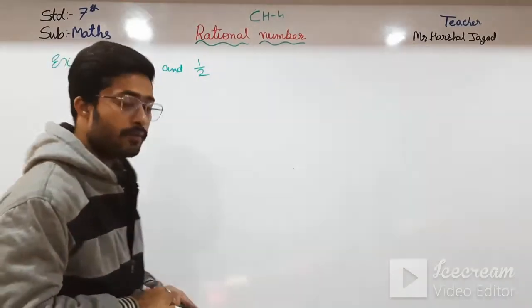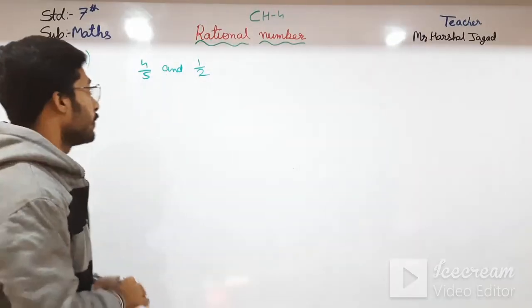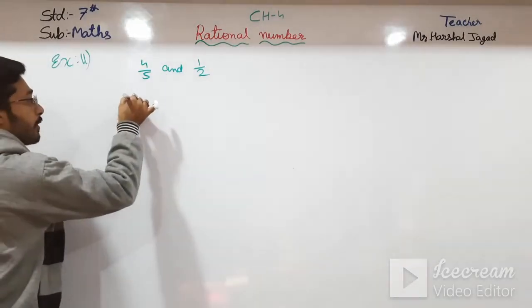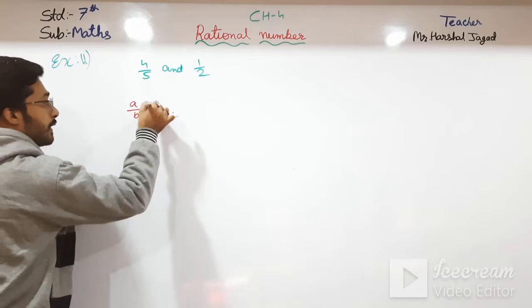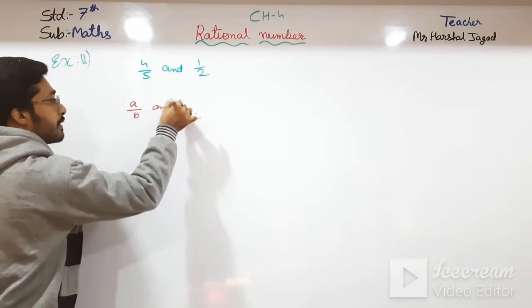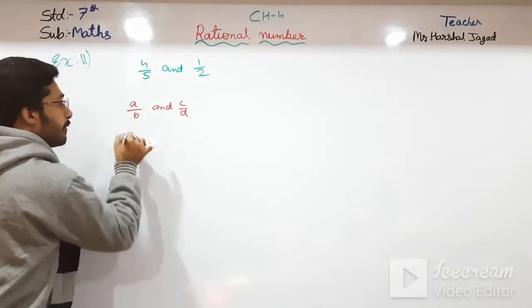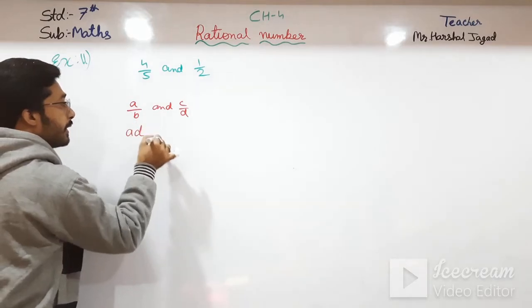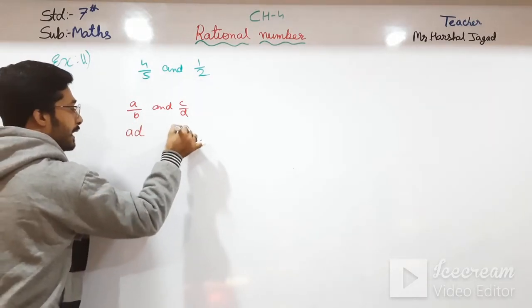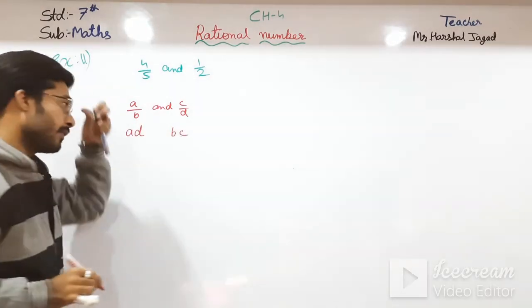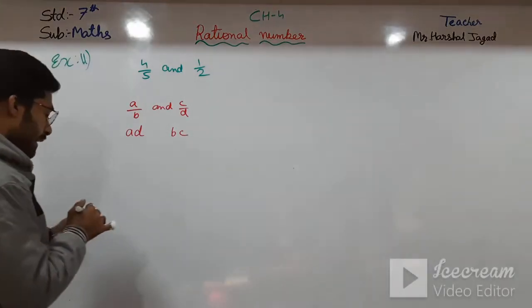Okay, students, 4 by 5 and 1 by 2. We know that if A upon B and C upon D are given, then we have to multiply A into D and B into C. So let us do that.